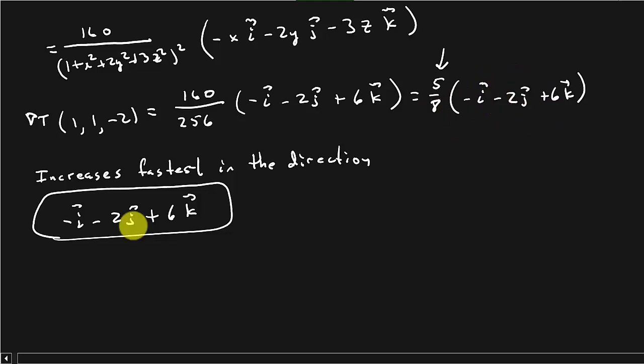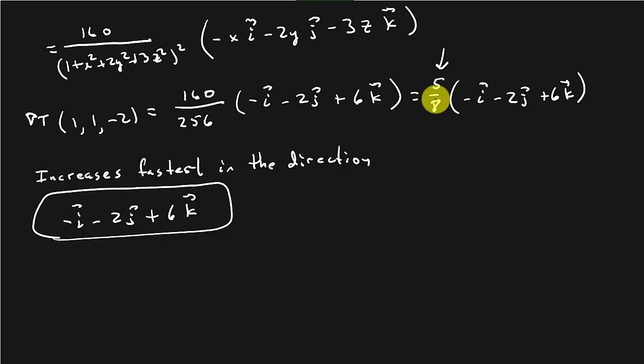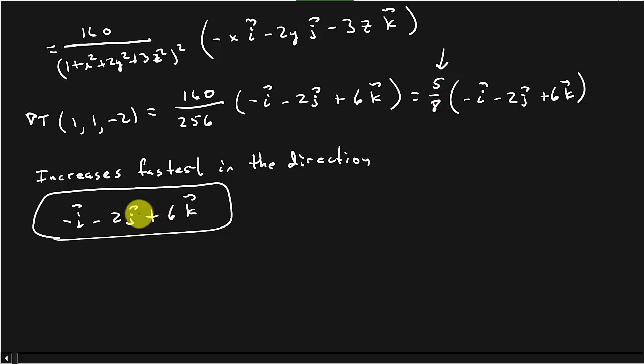This vector may be a little longer. The 5/8 is just a scalar. You don't really need it. We just want to know what direction it is going in. And if you wanted to, you could take this vector and find the unit vector and use that vector.